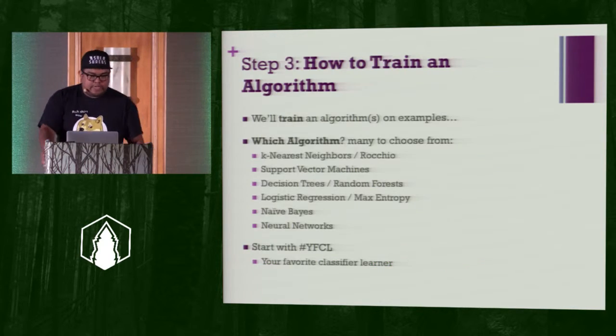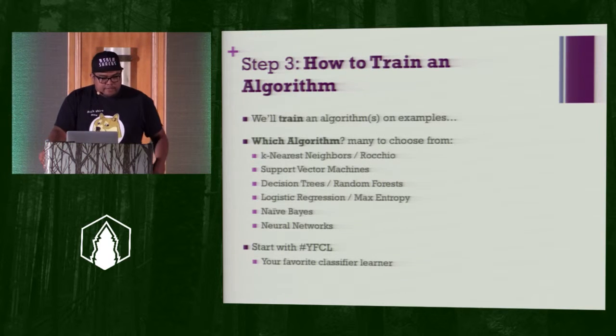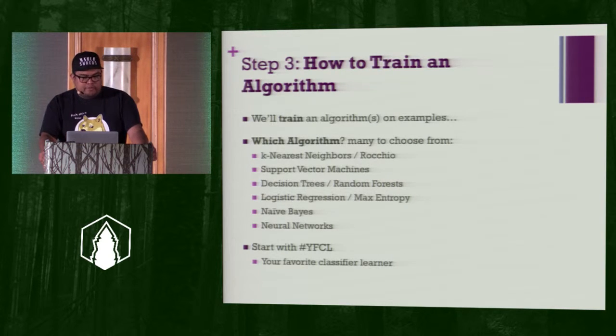So, now that we have a high-level idea of how we're going to represent these examples, let's go throw it at an algorithm, right? But which one do I choose?